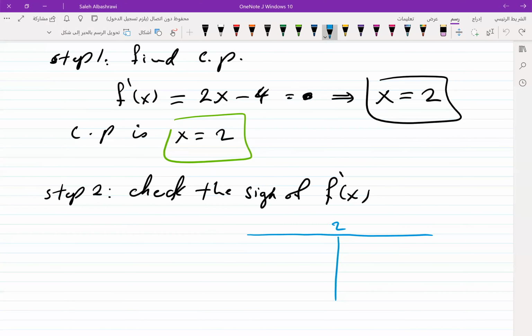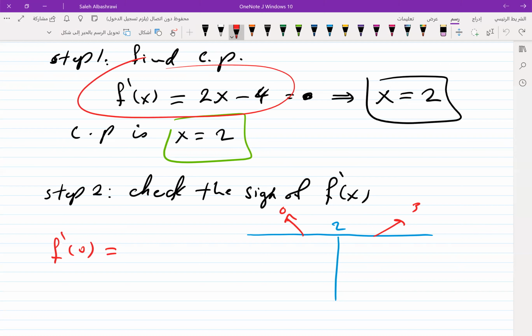So I can take a number less than 2, I can take 0. Bigger than 2, I will take 3. Now f prime of 0 is equal to, this is my derivative. Replace x by 0, it is minus 4. So the sign is negative.